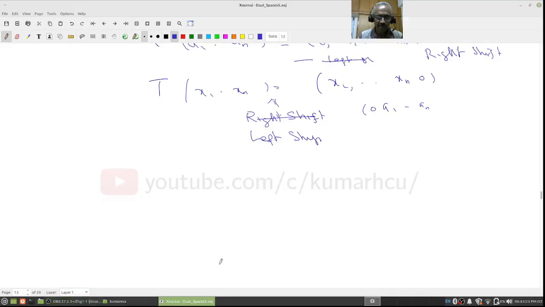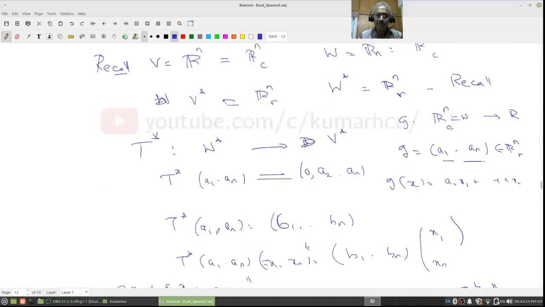If I think of it as a dual space, then T from Rn to Rn was, let's say, a right shift or left shift, and T star from Rn row to Rn row becomes the opposite direction. This beautiful thing we can observe. That's why I wanted to do it. Otherwise, what you have done with respect to linear maps is already good enough.